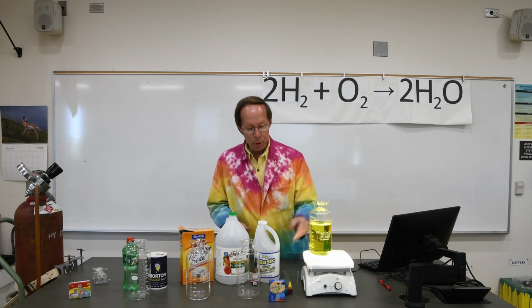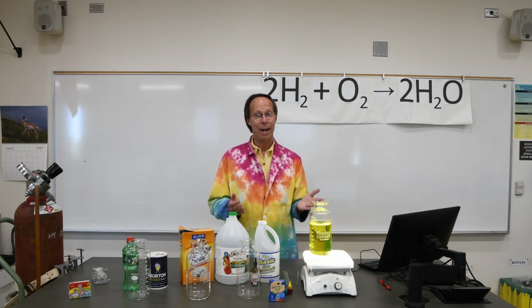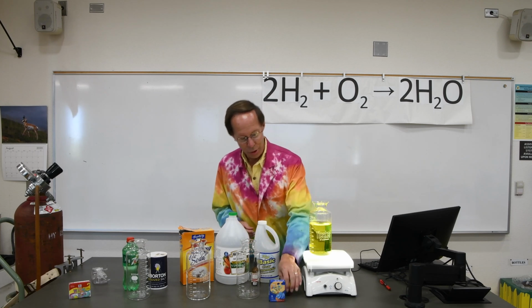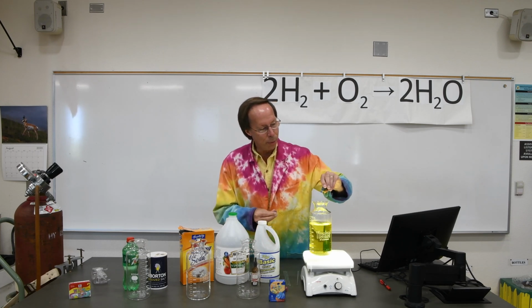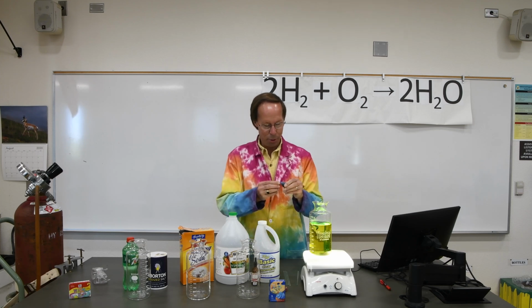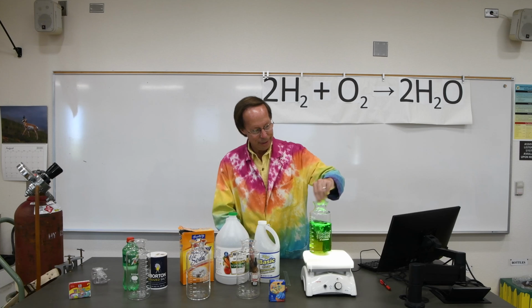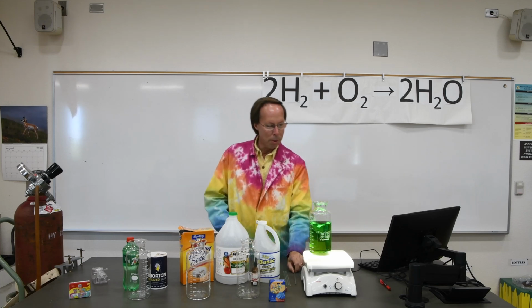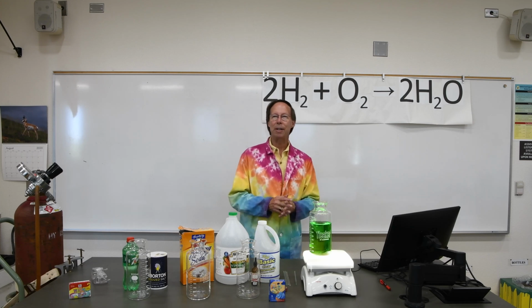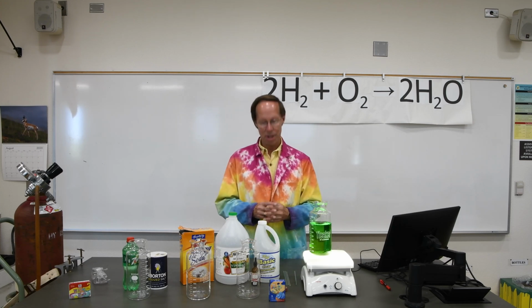So normally we would always say a color change is a chemical change, but that means the color actually had to change. Now what happens if I add a drop of blue food coloring to the yellow? Let's go ahead and stir that up and like, holy cow, it became green. Now that's probably not too surprising. You learned back in kindergarten probably about how you could mix various colors together.